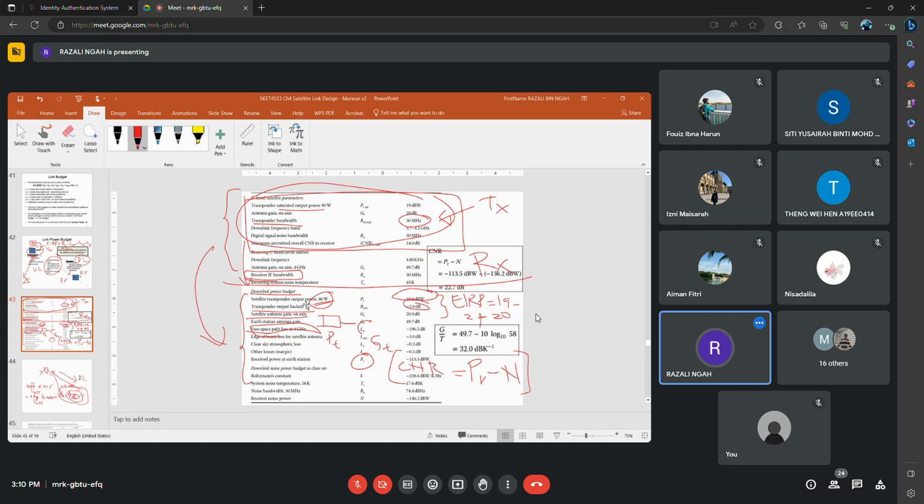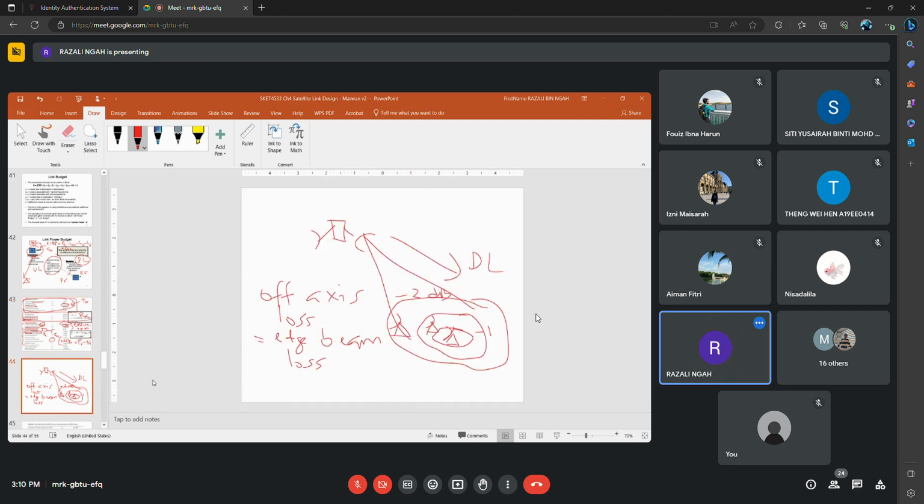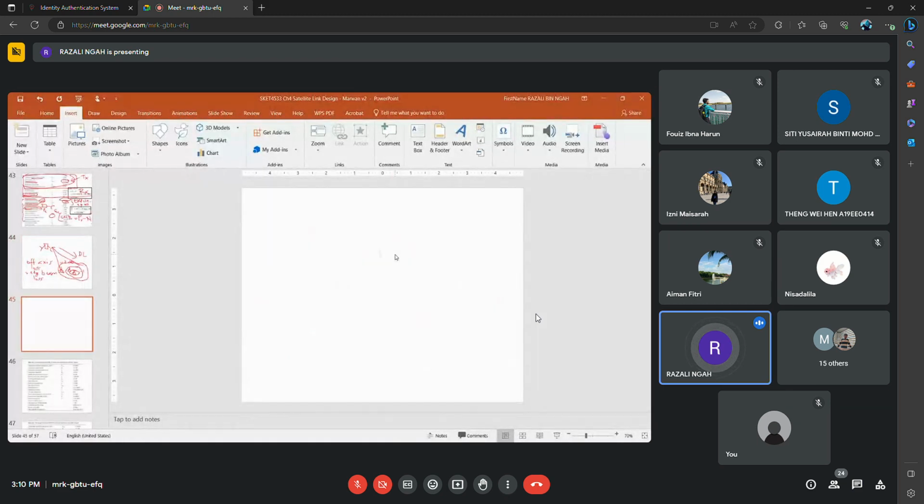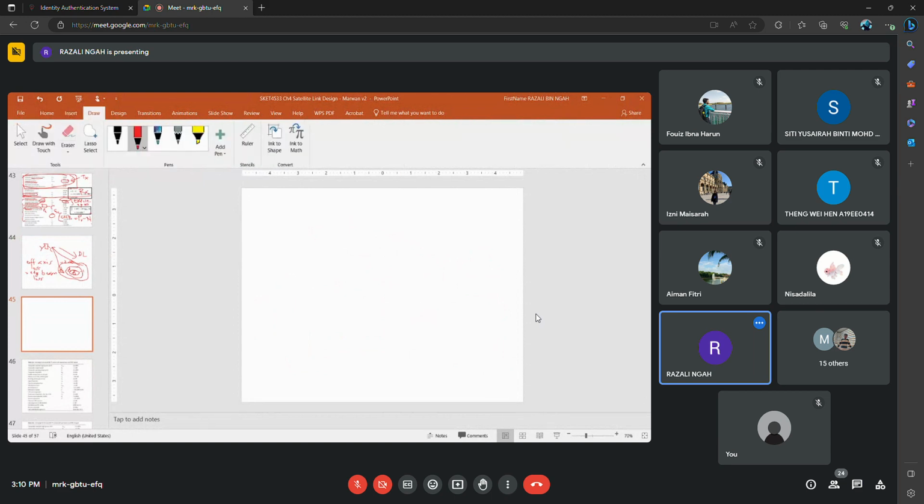So for either downlink or uplink, we start with the transmitting power. We have uplink, we have downlink.